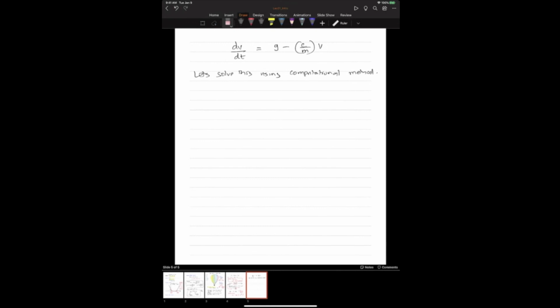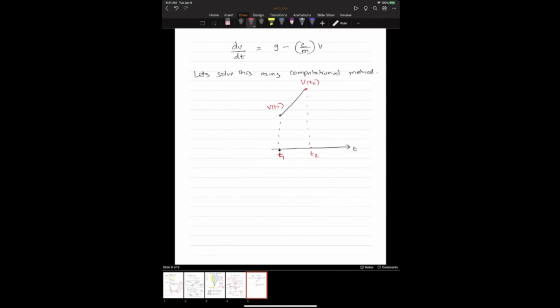So what is dv by dt? dv by dt is the rate of change of velocity. I'm just showing different values of v against the time axis. So you have a time t1, so that will be v(t1), and then another time t2, so that will be v(t2).